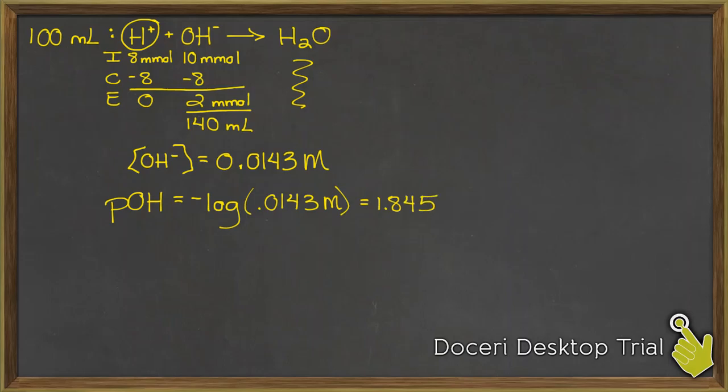Remember, to get pH, it's just 14 minus that number. So we end up with this. And that number makes sense. I have excess hydroxide, so my pH should be above 7.